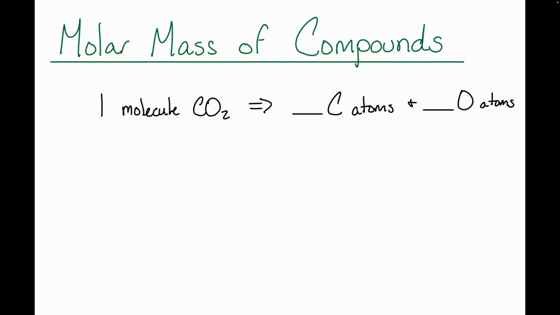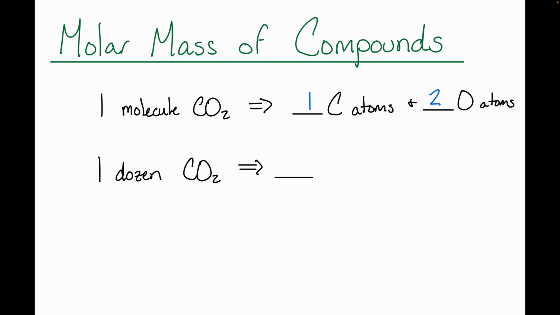I got 1 molecule of CO2. How many carbon atoms am I holding? Just 1. And how many oxygen atoms am I holding? 2. All right, again, these are locked in by my chemical formula here. That's what it means to be carbon dioxide, to have one carbon for every 2 oxygens. Okay, so now let's say that I had a dozen molecules of carbon dioxide.